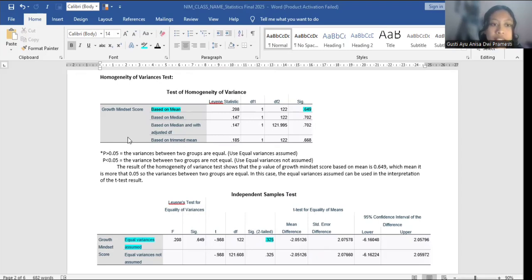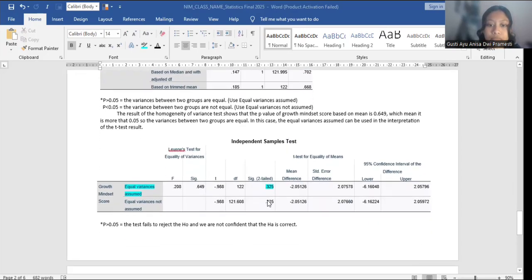For the growth mindset score based on mean, the p-value is 0.649, which is more than 0.05. So the variances between the two groups are equal, and the equal variance assumed row can be used in the interpretation of the t-test result.